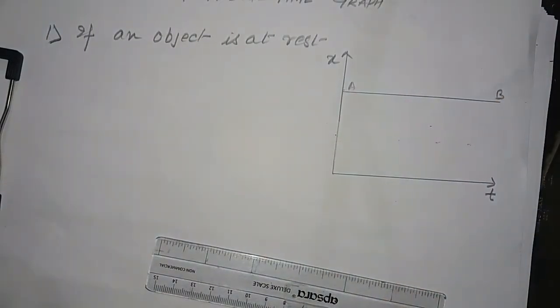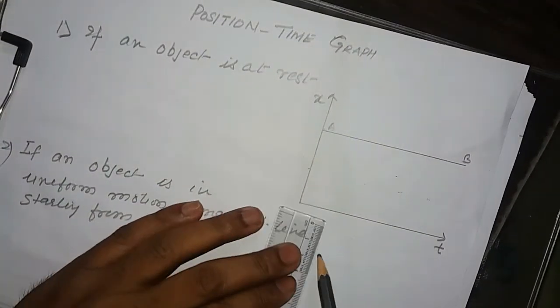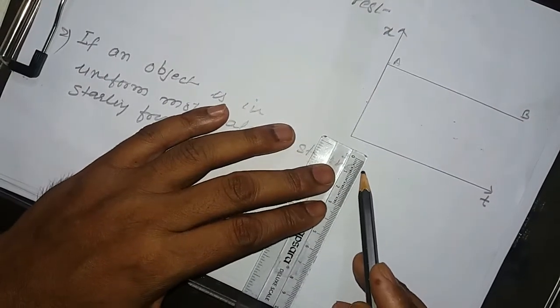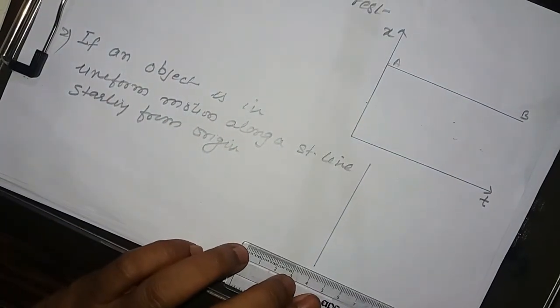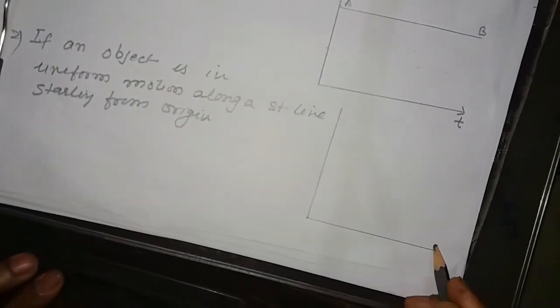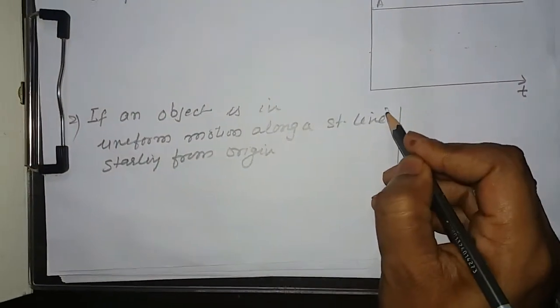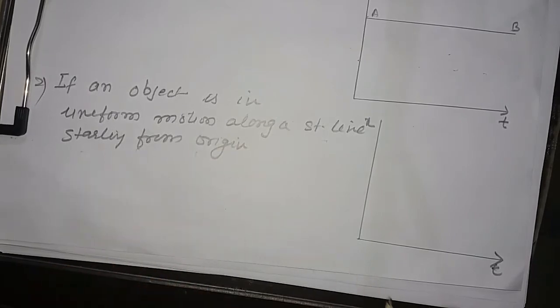Second one, if an object is in uniform motion along a straight line. Now this is the time axis, this is position, and the motion is along a straight line starting from the origin.